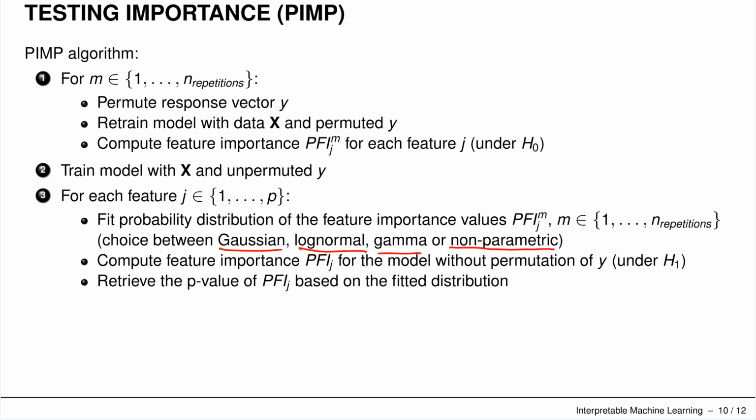And now you compute the feature importance for each of the features without permutation of y. So that's under the alternative, if actually the performance is larger than 0. And you retrieve the p-value of the PFI based on the fitted distribution.